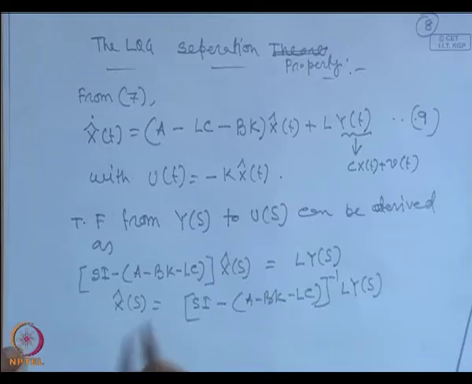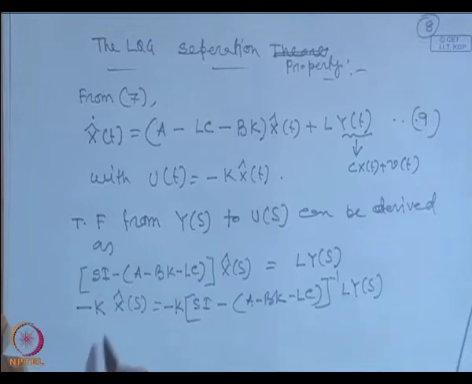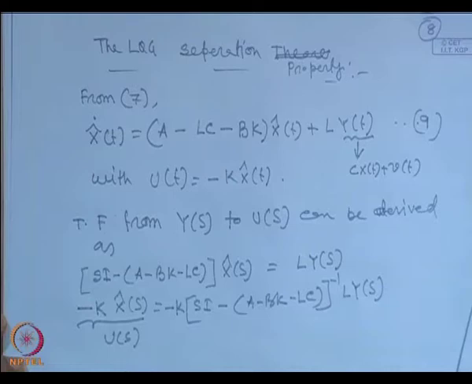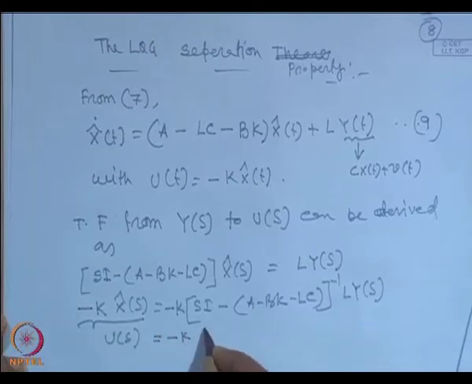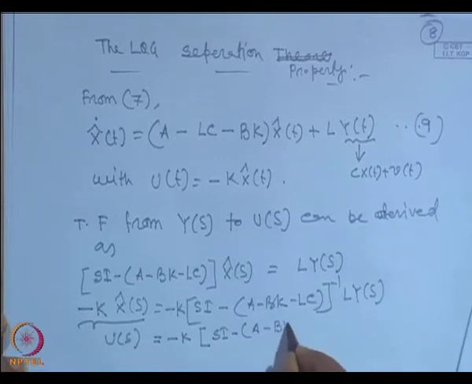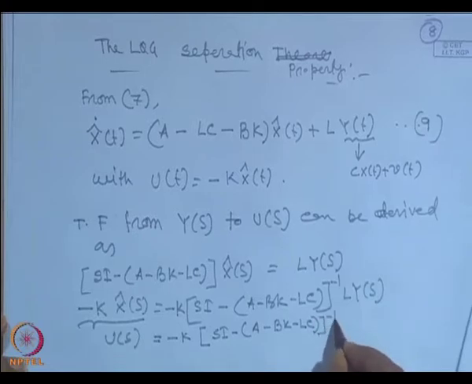Multiplying both sides by minus K, the left side is nothing but u of s, and the right side is minus K times (sI minus A minus B K minus L C) whole inverse L y of s.